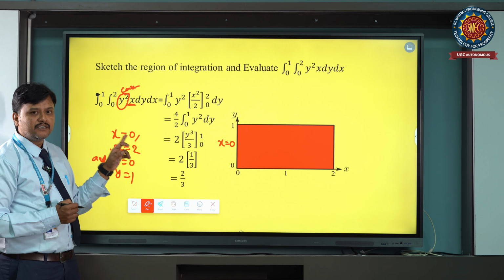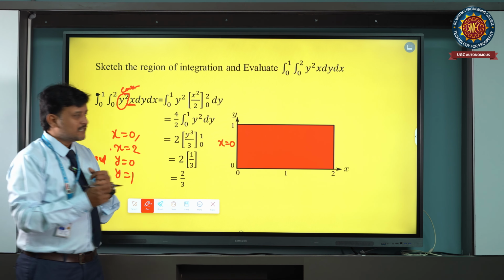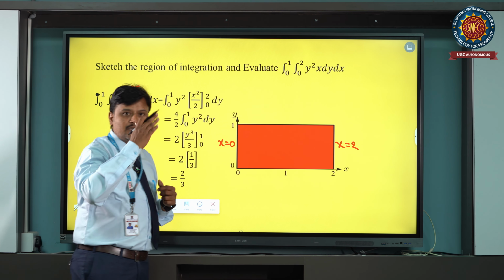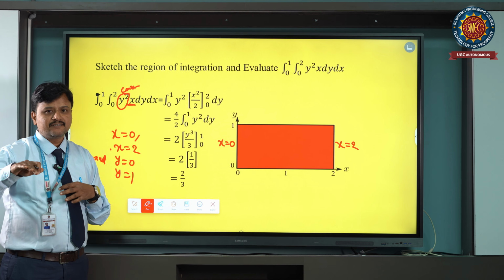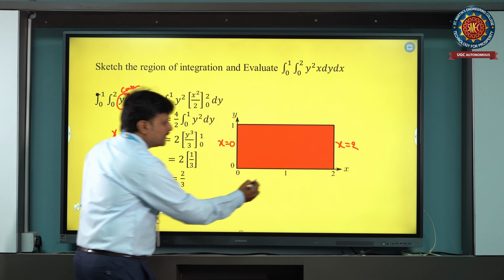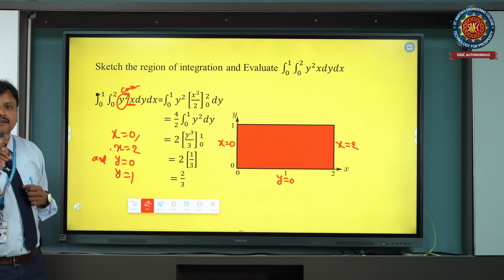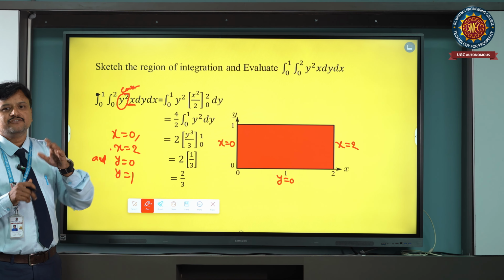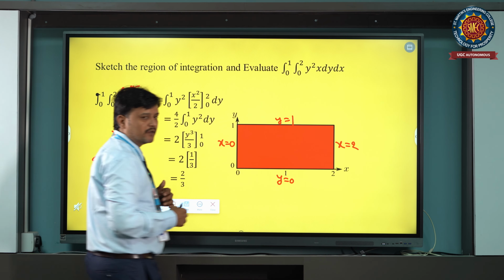And x is equal to 2 is a line parallel to the y-axis. Y is equal to 0 is the x-axis, and y is equal to 1 is a line parallel to the x-axis.